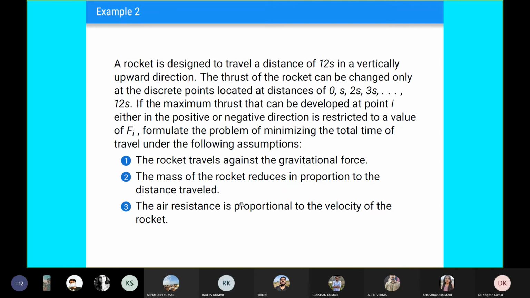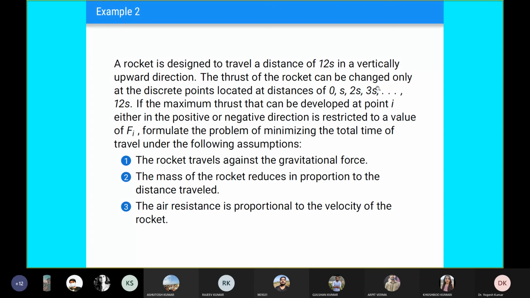In this type of problem, what we can see is that you will not be able to get the value of thrust directly at any point in between. What do you have to do? You have to calculate the thrust initially at 0 second, then calculate the thrust at 1 second.